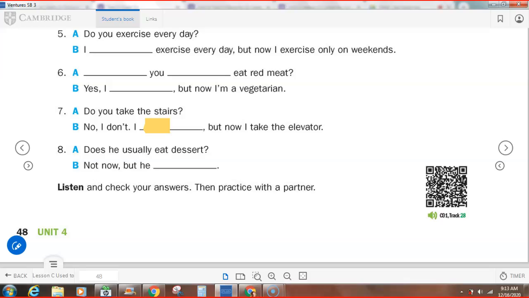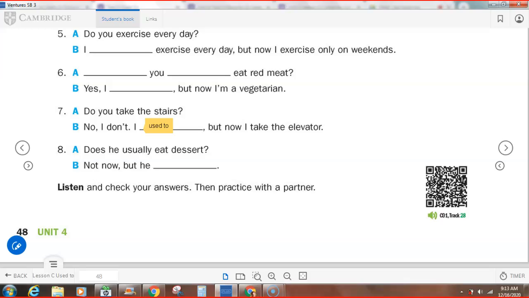And then he makes a positive statement. I used to. D or no D? I used to, good, but now I take the elevator.